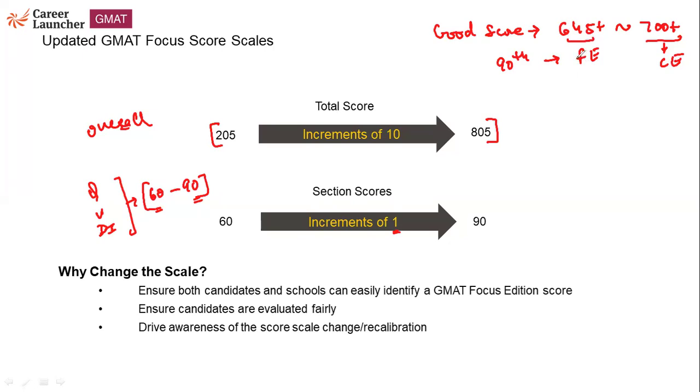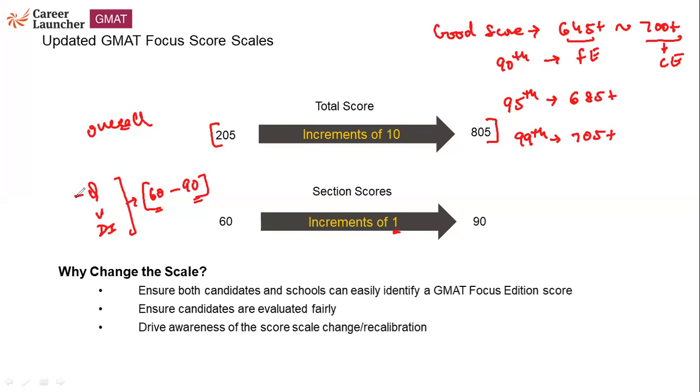So a target score is going to be 645 plus, obviously 95th percentile on the focus edition is 685, and 99th percentile is 700. Okay, so that's how you should classify and get to the scores in order to reach your target.